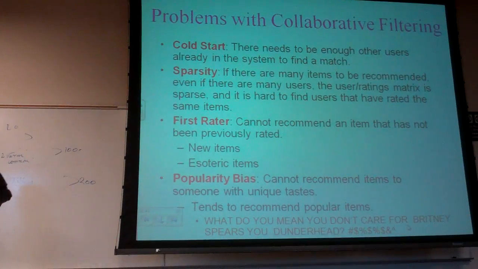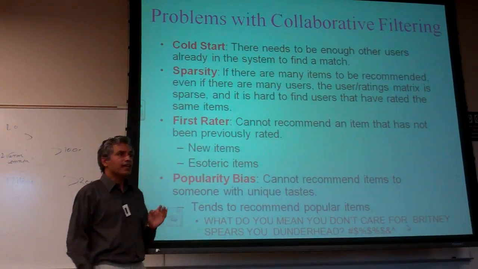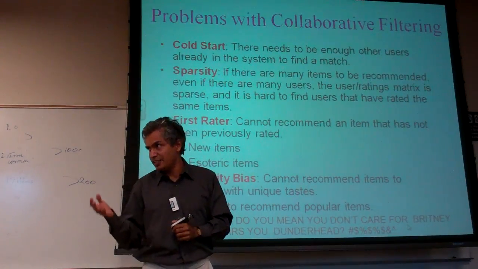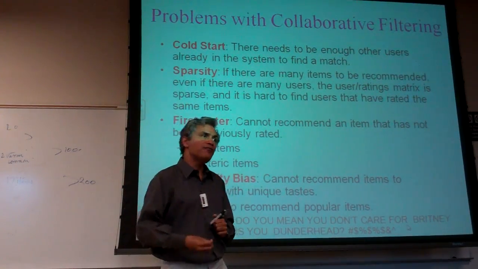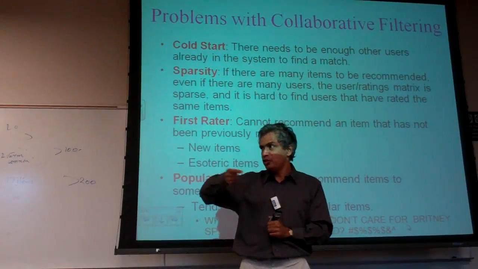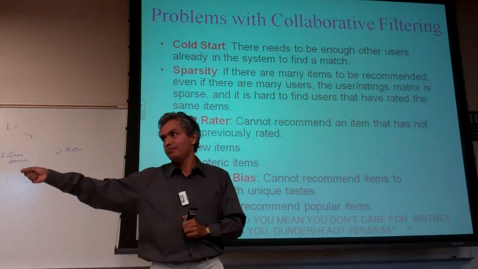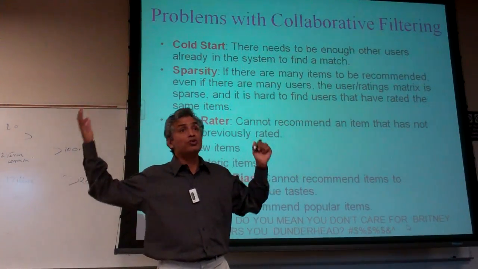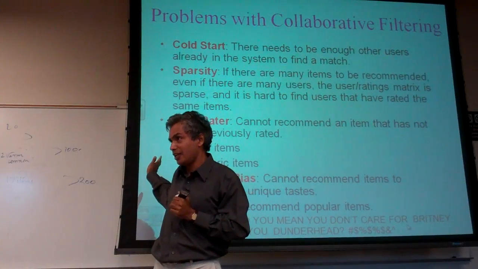So if your k nearest neighbors, remember what collaborative filtering is doing, it's trying to find k nearest soulmates. Okay, these are the closest soulmates. What if the first soulmate to you has similarity 0.0000001? I will still use them because you asked me to just use k users. I'll just use the k users.